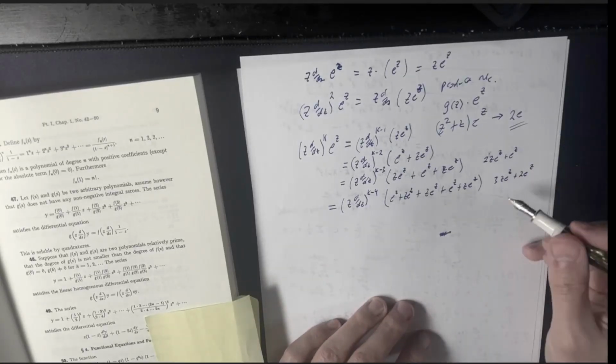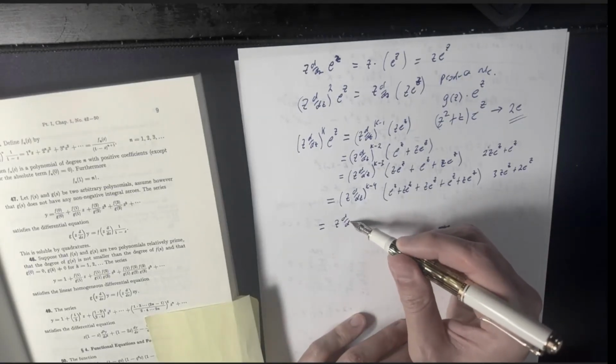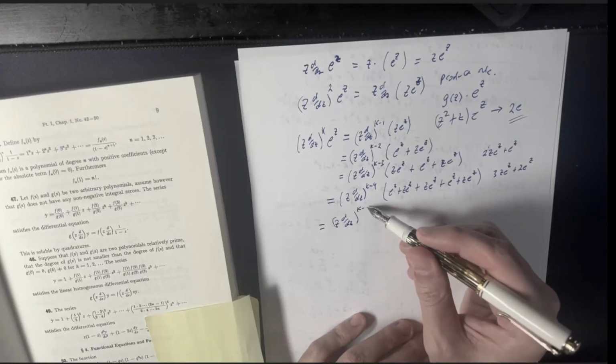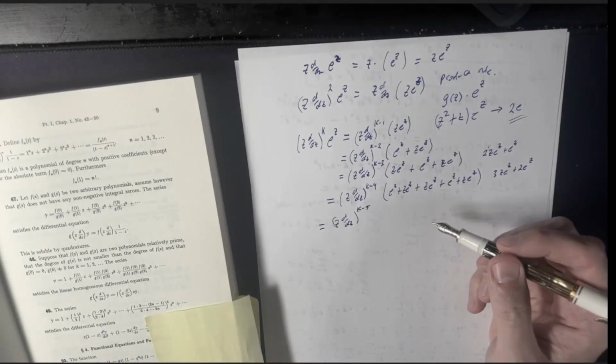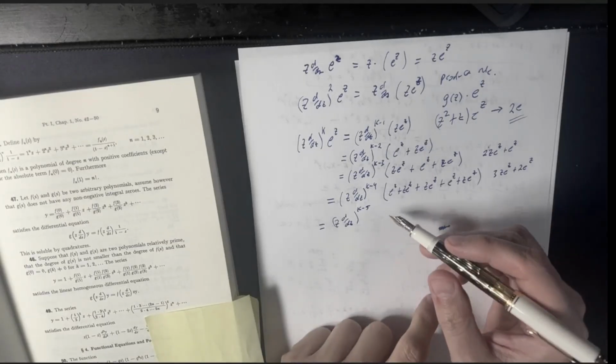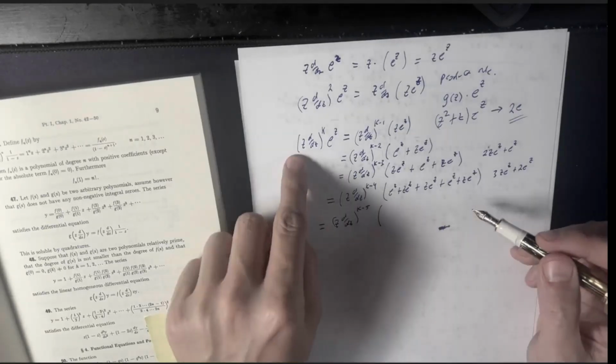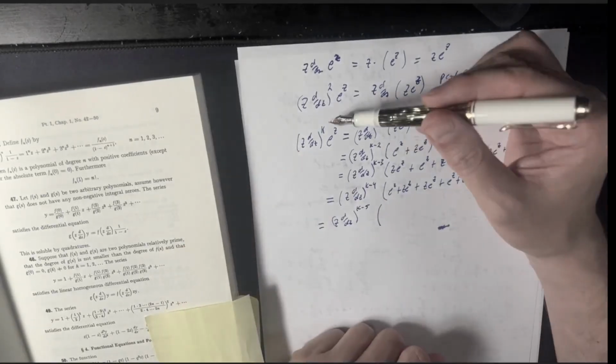And when you do it again, you're going to get, well, anyway, this is a stupid way to do it. These are all just equal to this original guy, depending on how large your k is.